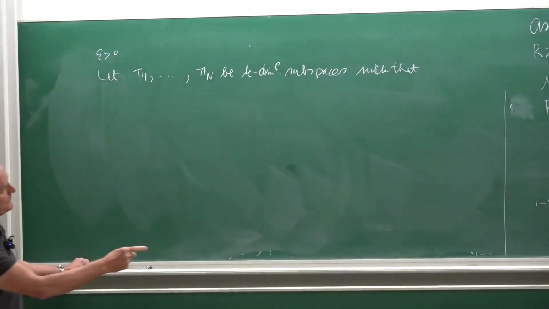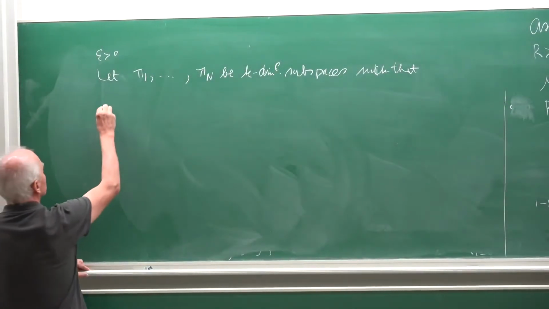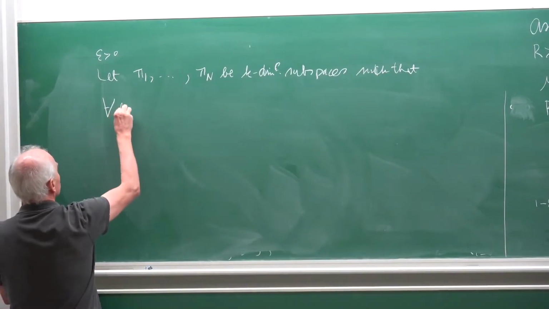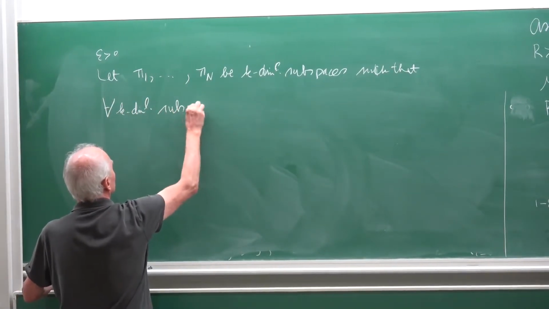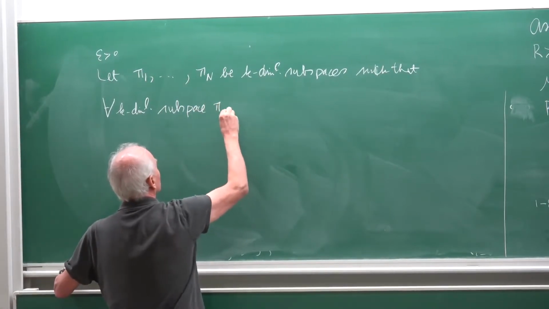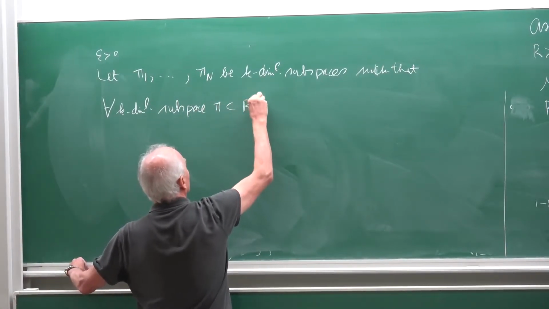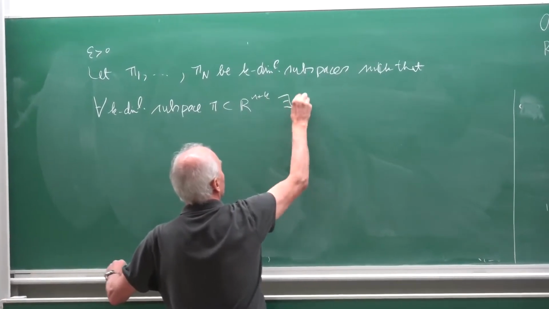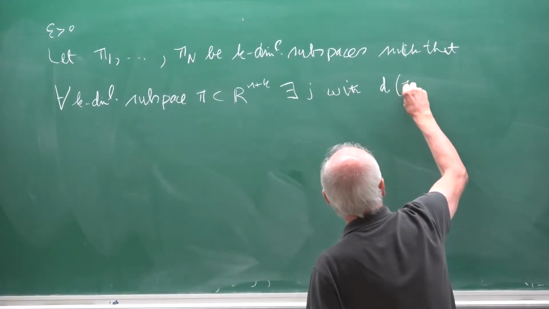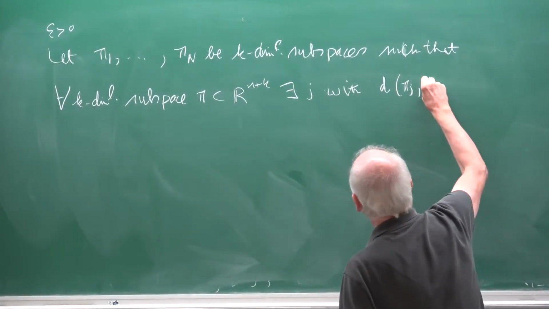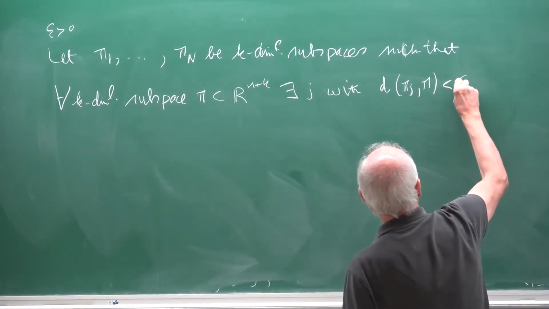Let those be k-dimensional subspaces such that for every k-dimensional subspace pi contained in R^(n+k), there exists j with the distance from pi_j to pi less than epsilon.